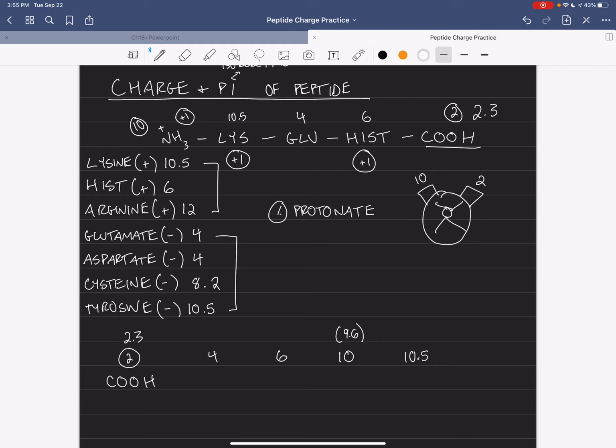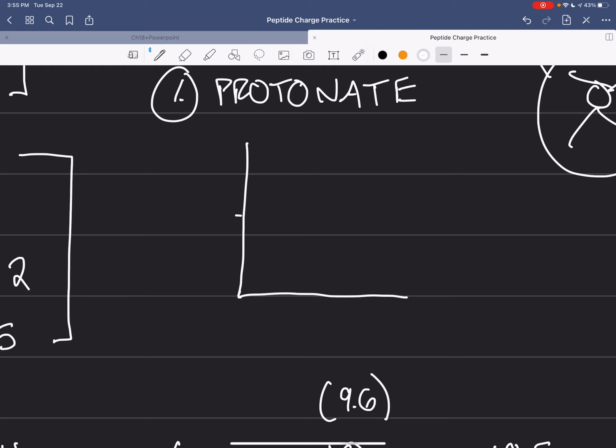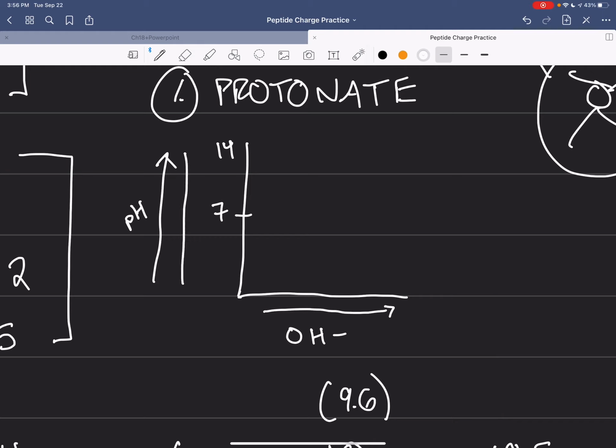So here's the thing. Remember that if we're looking at a graph of pH, as we go to the right, we have an increase of OH minus. As our pH goes up, our H plus goes down. This is about 2, and this is about 10 in terms of pKa's.